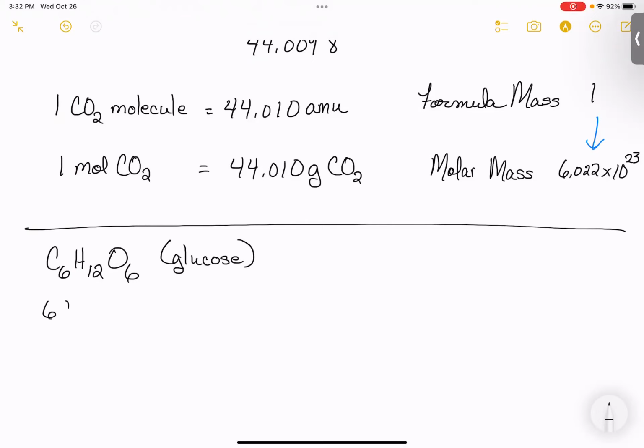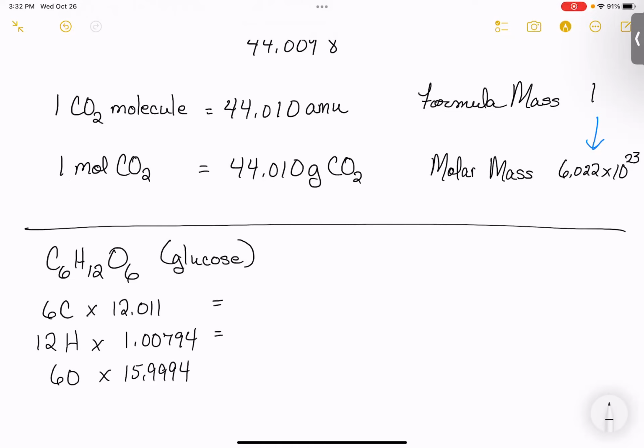C6H12O6 has 6 carbons, 12 hydrogens, and 6 oxygens. Each carbon brings with it the 12.011 AMUs. Each hydrogen brings with it 1.00794. And each oxygen brings with it 15.9994.